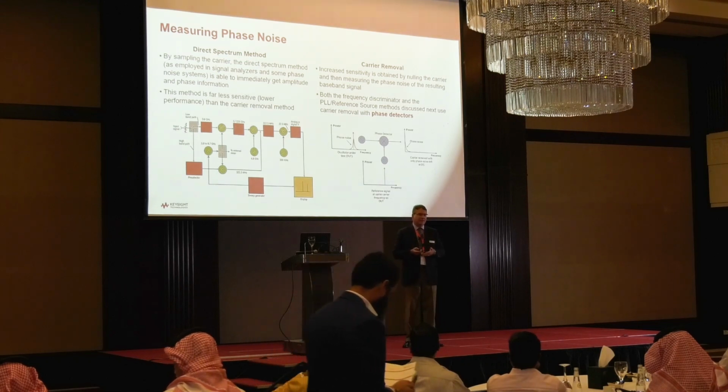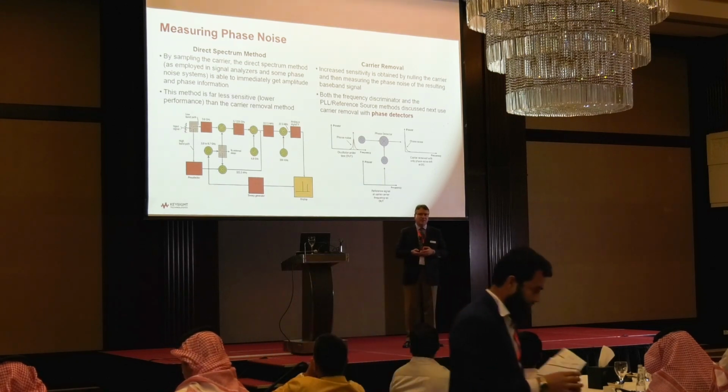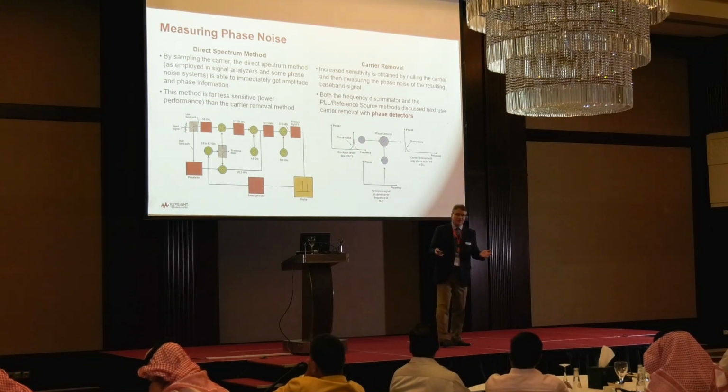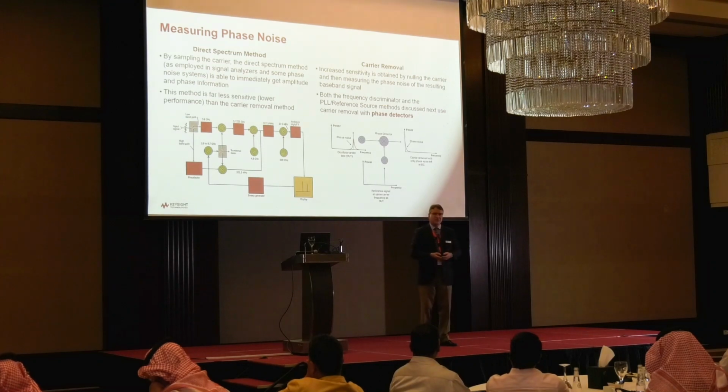We're down converting the energy of that signal to a baseband, digitizing it, and displaying that. The biggest advantage there is it's simple. It's easy. You just feed in the signal under test from your oscillator or VCO or whatever it is you're trying to measure right into the analyzer, and it gives you a display in dBc per hertz, right? Phase noise that we're after.